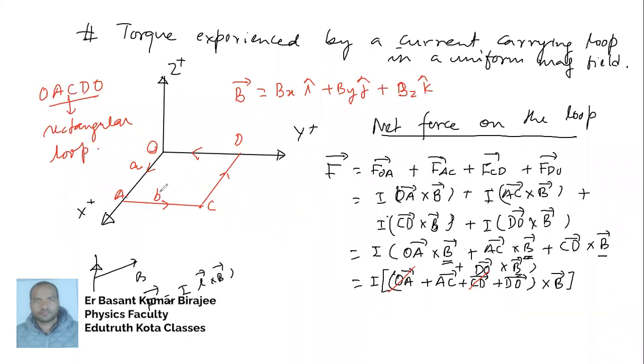So AC vector and DO vector have the same magnitude B, but their directions are opposite. So this term and this term will cancel out. Is it clear? Yes or no?